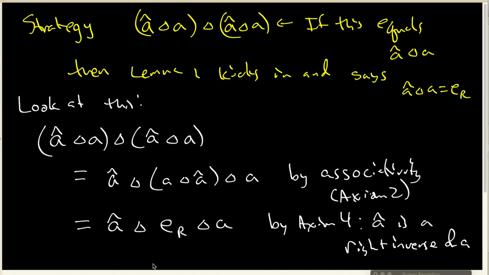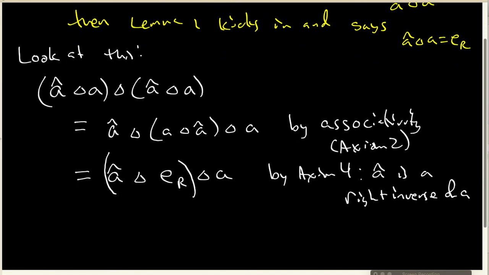But now what I want to do next is stick some parentheses in by axiom 2. And now what I want to notice is that axiom 3 kicks in. A hat triangled with ER is just A hat.